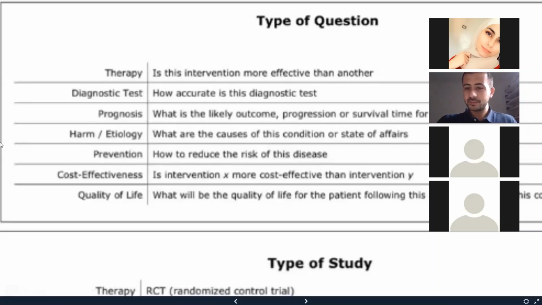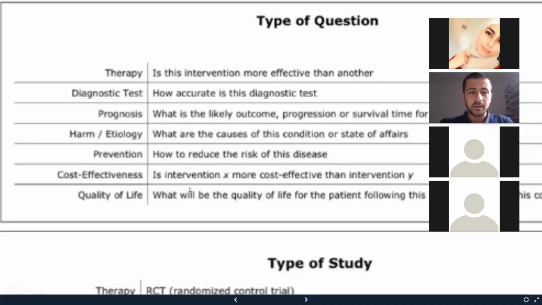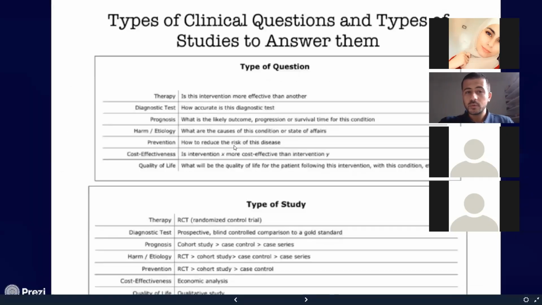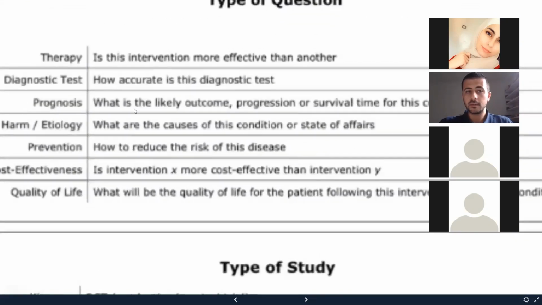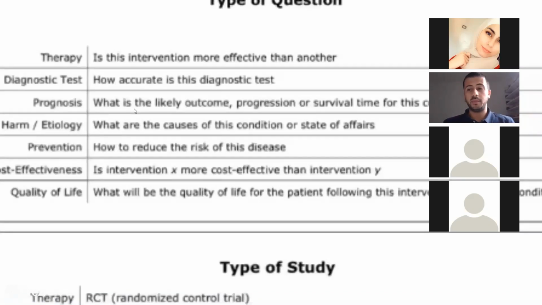Okay. So for prognostic studies, what should my study design be? Cohort.